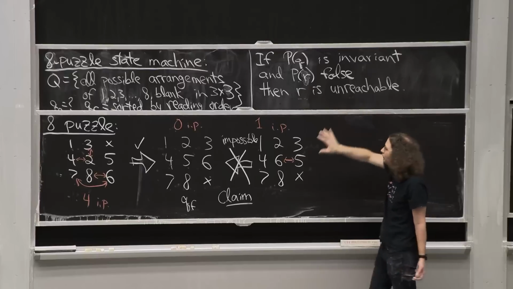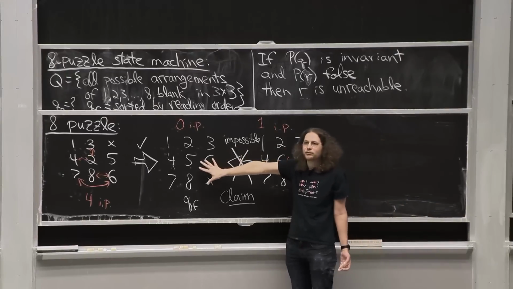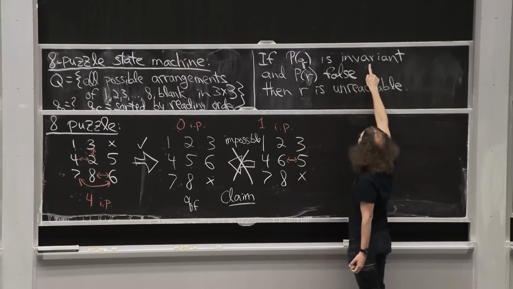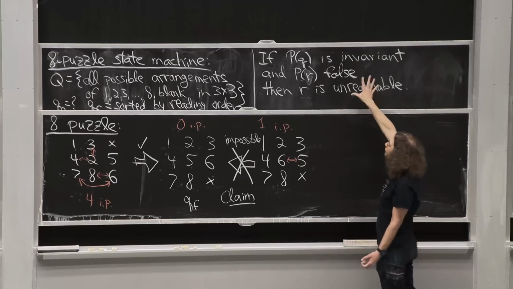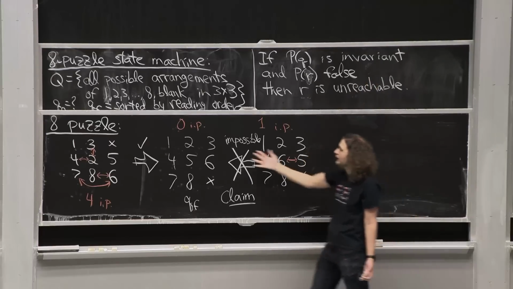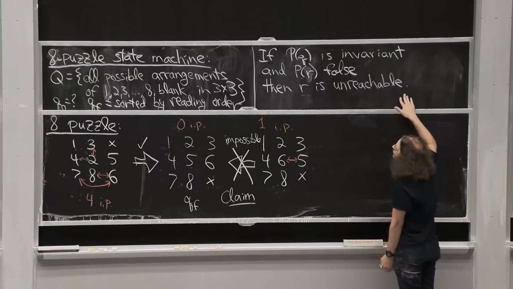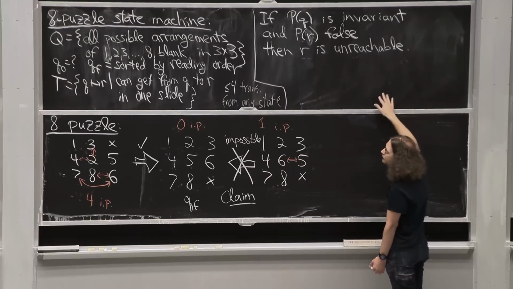That means it's impossible to get from this state to this state. That's what we want to prove. So if we can prove this invariant property, we can plug it into here and get the puzzle impossibility result that we want. That's where everything's going to come together.